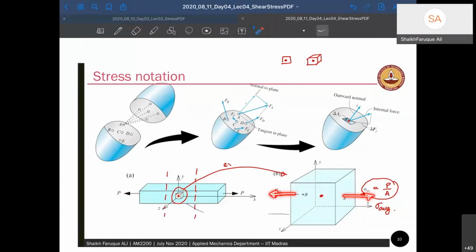Both will be sigma xx, and they will be given by P by A. P is the load acting on that cross section, and A is the area of the cross section. As we discussed in the last few classes, these are all average stresses. They are not point stresses. Although we call it a point stress, it is averaged over the cross section.